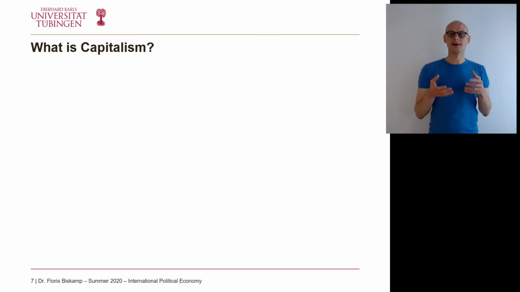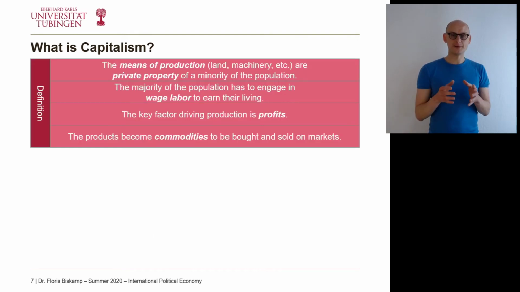So how is capitalism defined then? You will find a lot of definitions of capitalism. Here I say that these four elements define capitalism. First, you have capitalism when the means of production, and the means of production are land, machinery, so all the stuff you need in order to produce other stuff, that these means of production are private property of a minority of the population.